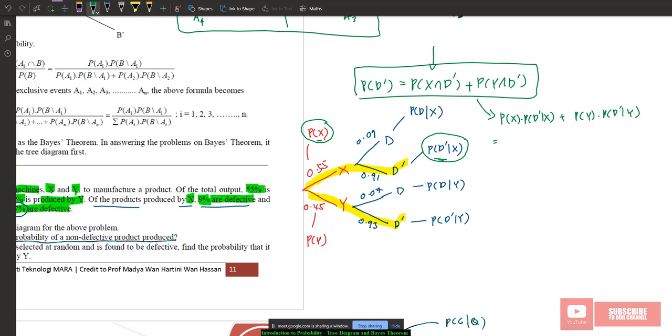So this should be equal to 0.55 multiplied by 0.91 plus 0.45 multiplied by 0.93. So how much is this equal to?